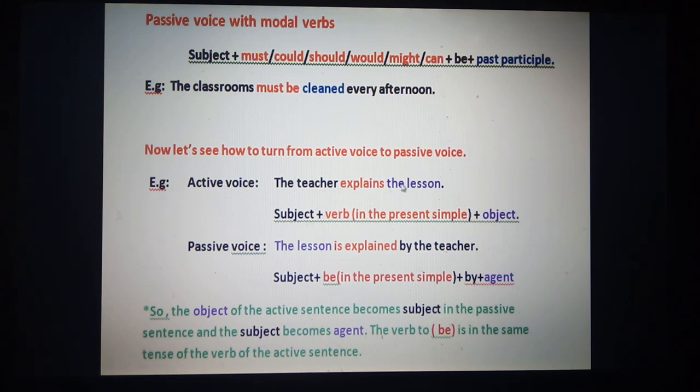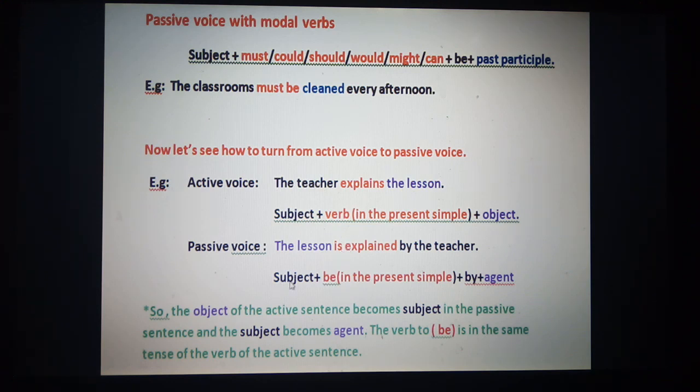You see, the object of the active voice becomes subject in the passive voice, and the subject of the active voice becomes agent in the passive voice. And of course, the tense is the same. The present simple in the active voice, we should put the verb to be in the present simple in the passive voice.